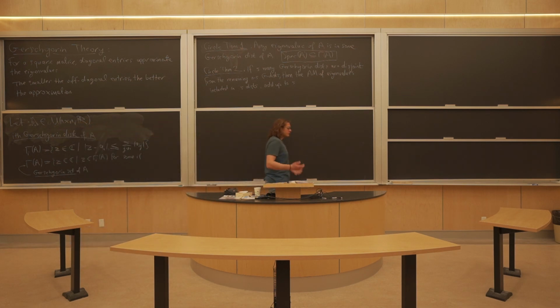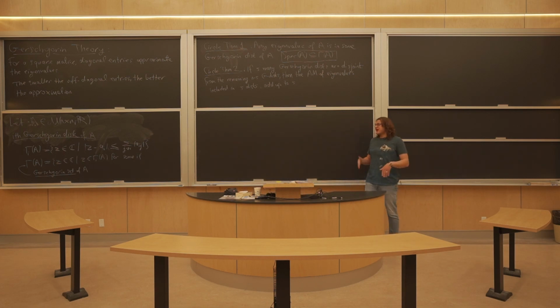obviously computing eigenvalues is a chore, right? It's a computation. But Gerschgorin says the main idea is that the diagonal entries of a square matrix are approximations to eigenvalues of the matrix. How good of an approximation we're talking about then becomes a matter of the off-diagonal entries.